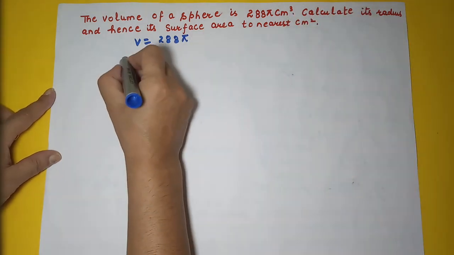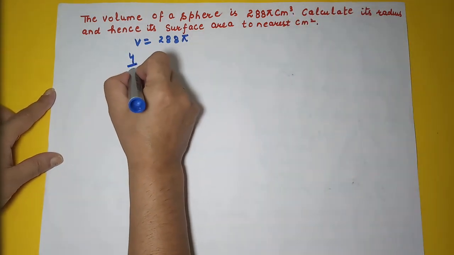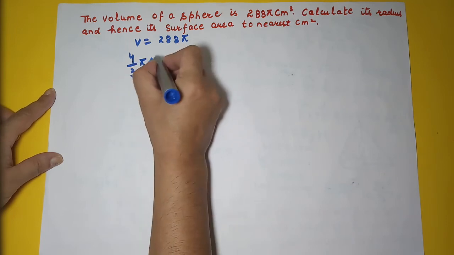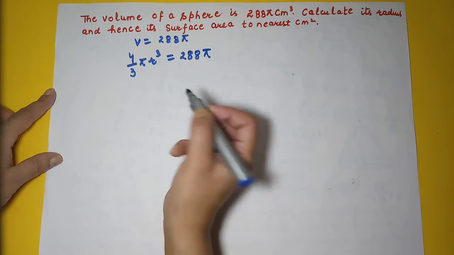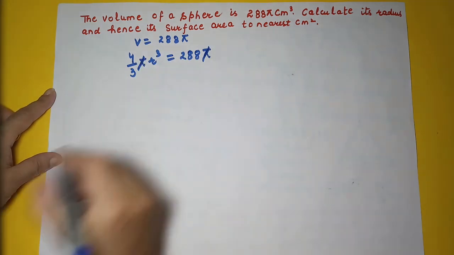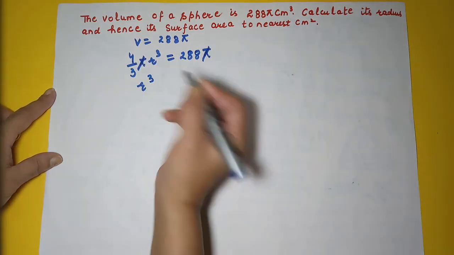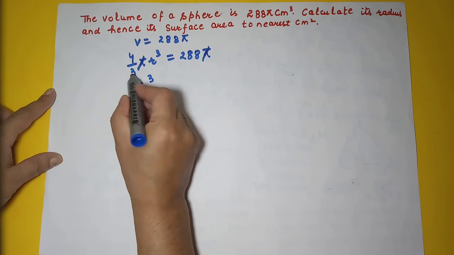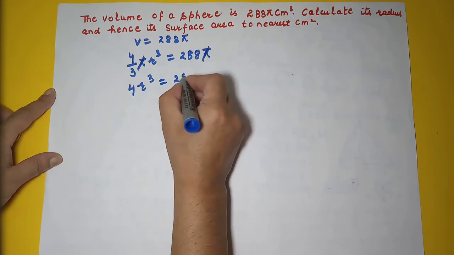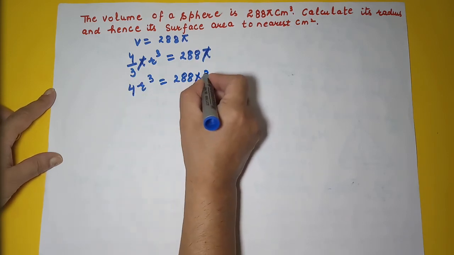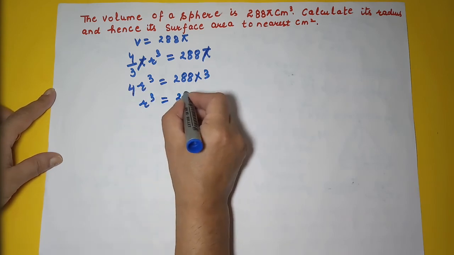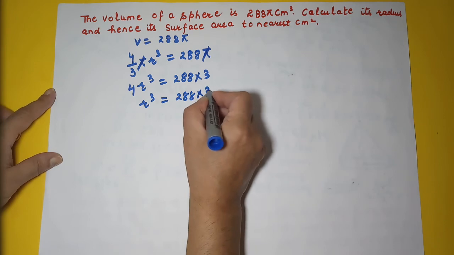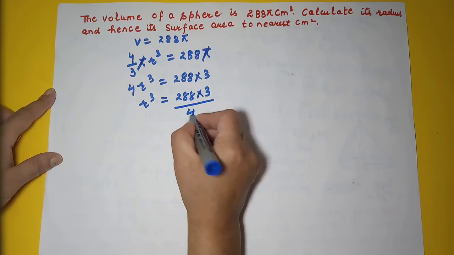Now we know the formula for volume, that is 4 by 3 pi r cube is equal to 288 pi. Now pi and pi will go, we are left with 4 r cube, this 3 will go this side, so 288 into 3. Now this 4 will come down, so you will have r cube as 288 into 3 divided by 4.